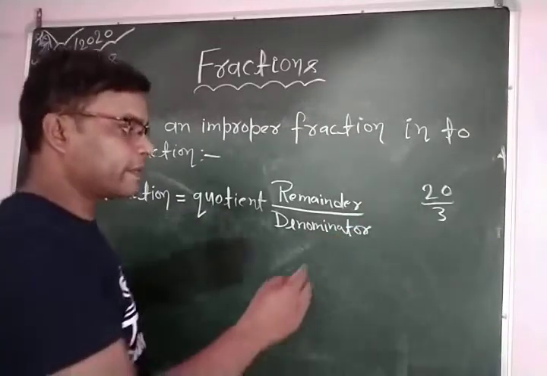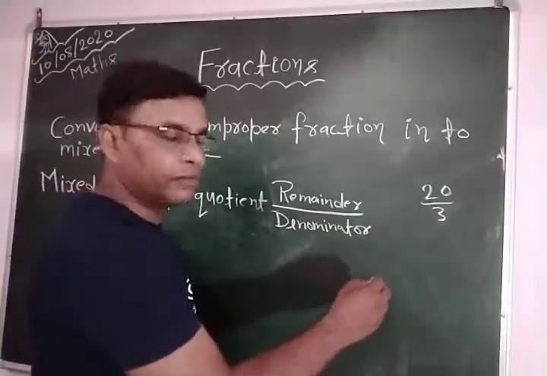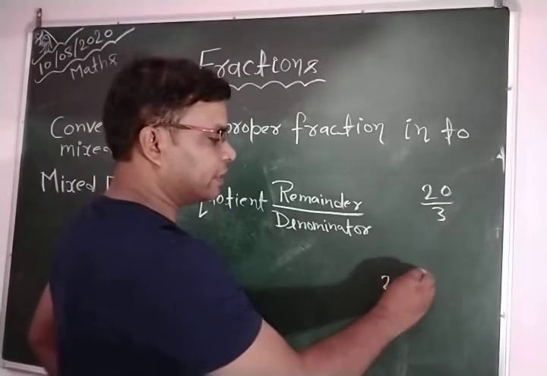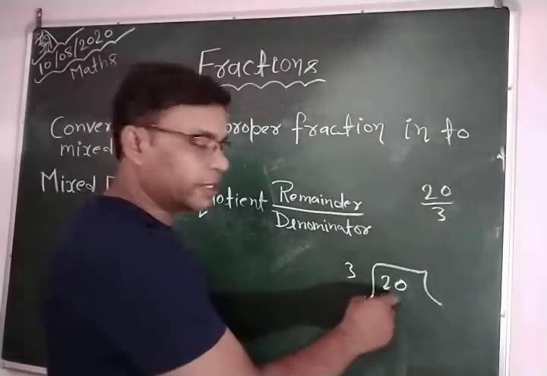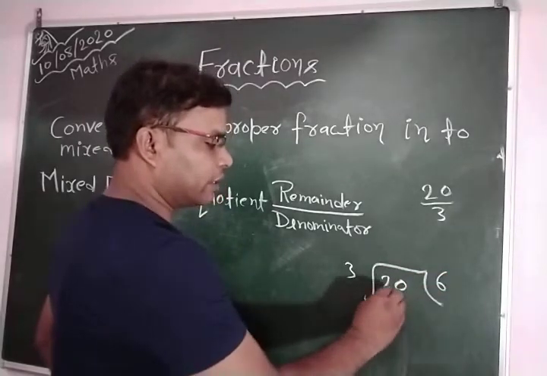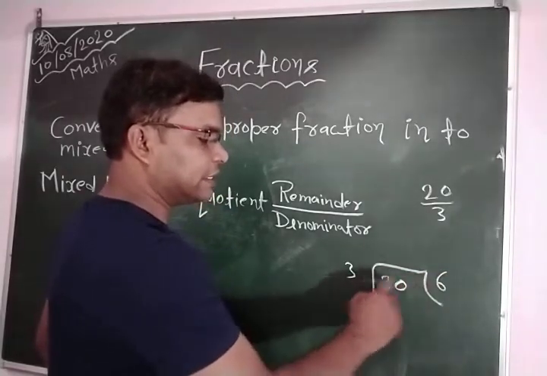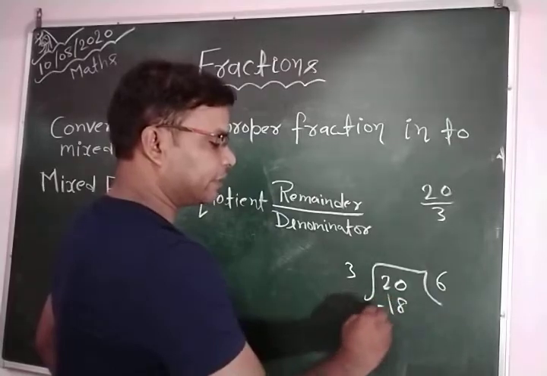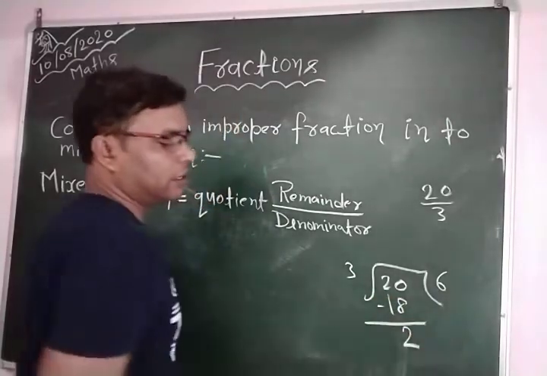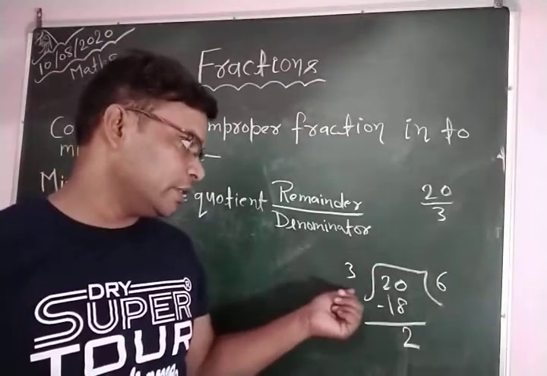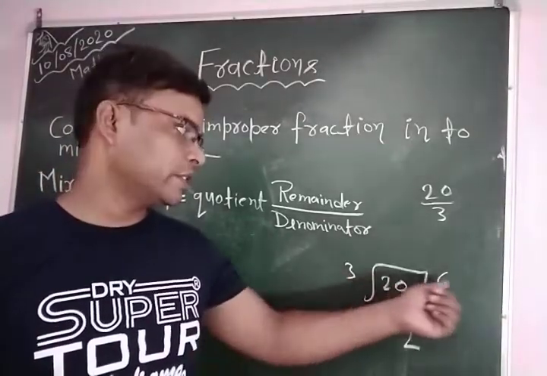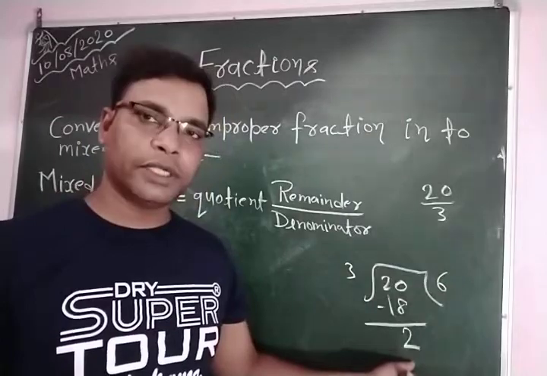First we divide 20 by 3. How many times do you get? 6 times. 6 3s are 18. Subtract it and we obtain here 2. This is the divisor, this is the quotient, this is the remainder.